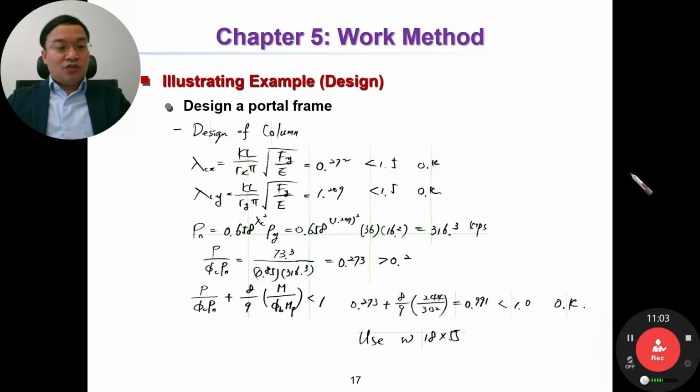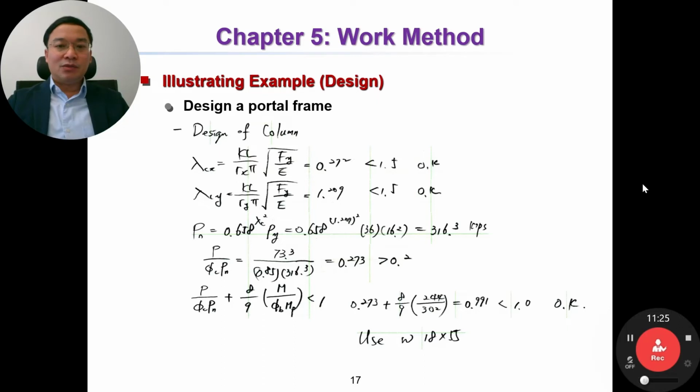So I've just finished the procedure of the design of a portal frame. Some equations were already mentioned in the previous class, and some are new concepts of today's class.